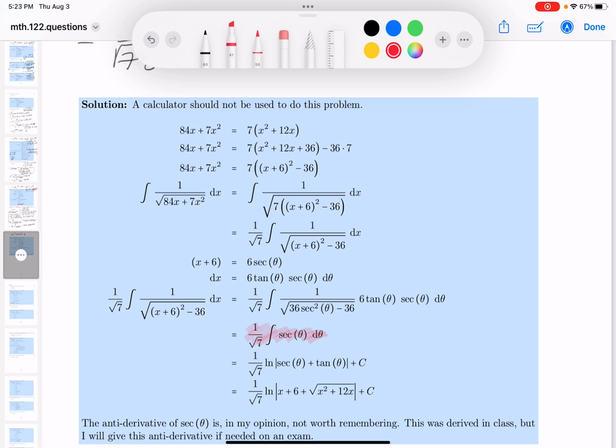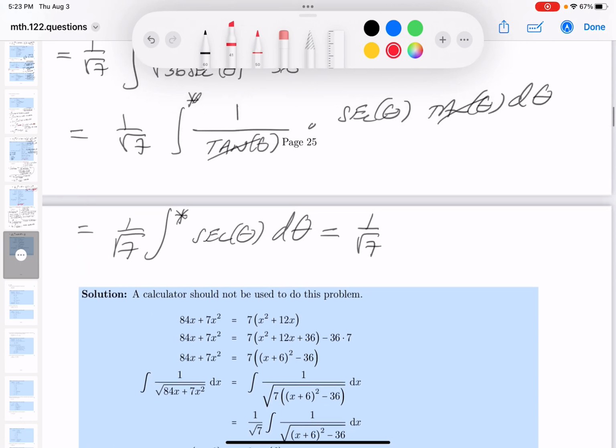But I understand people can't remember everything, nor do they have the time to derive everything. I probably would tell you the antiderivative, all right? Natural log of secant theta plus tan theta. Now, other teachers may say, I wouldn't tell you that, you've got to figure it out yourself. I think there's too much to memorize sometimes, but there are some things to understand about it.